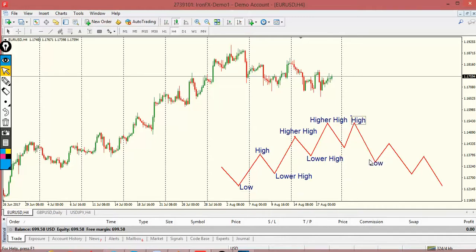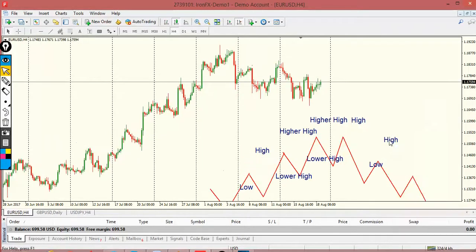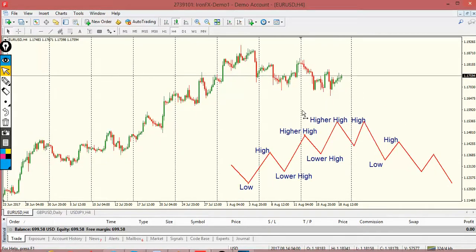Then this one became a low. Then we had what we call a low.